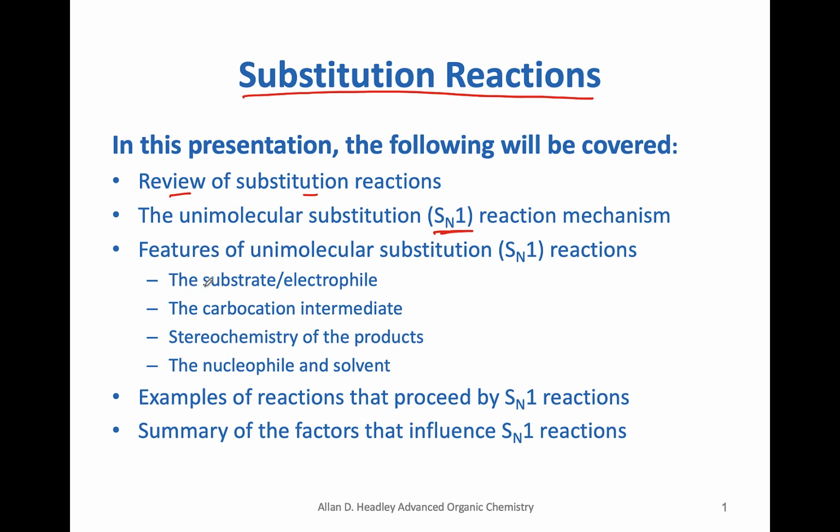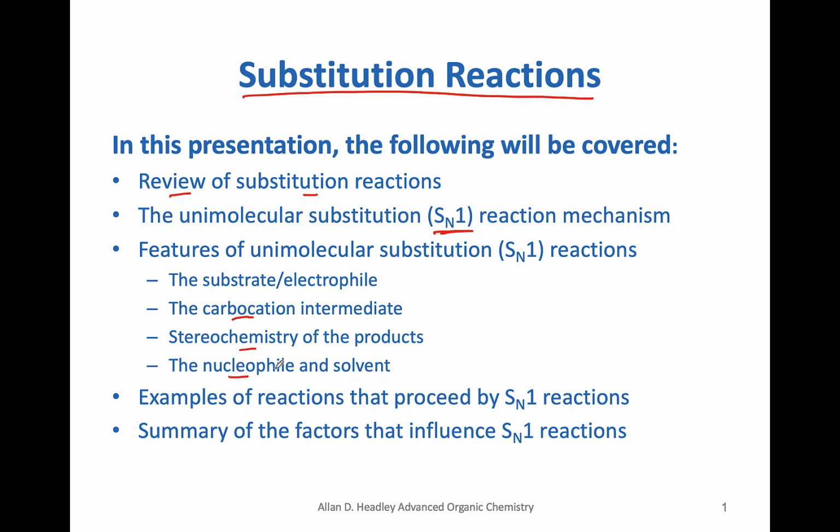So we'll examine the substrate or the electrophile. Then we'll look at one of the intermediates that's formed, the most important intermediate, the carbocation intermediate. Then we'll look at the stereochemistry of the products and the nucleophile of the reaction.